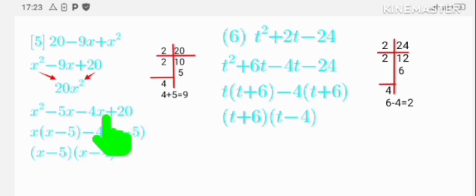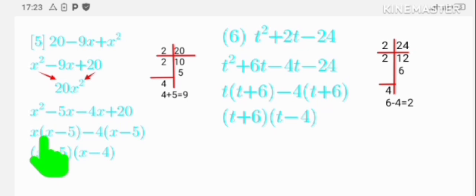So after we've done that, we are going to have an equation that looks like this. The next thing we need to do is look for anything that is common between the first and the second term. Then we pull that number or letter out. Between x squared and negative 5x, the only thing that can divide x squared and also divide negative 5x is x, because x squared divided by x will give you x, and negative 5x divided by x will give you negative 5.